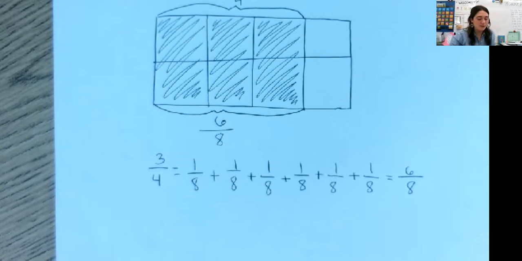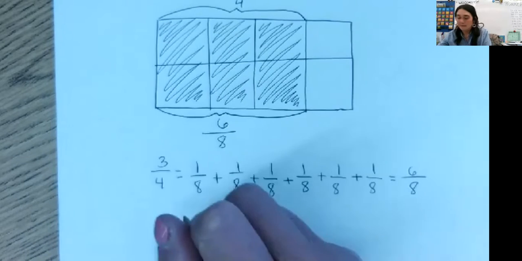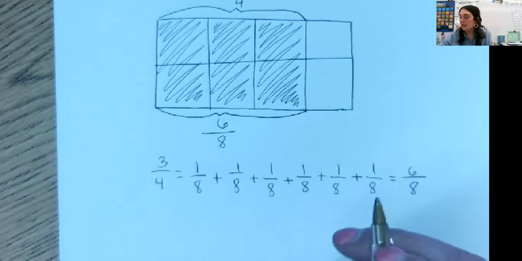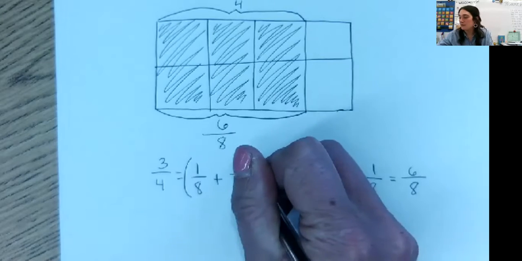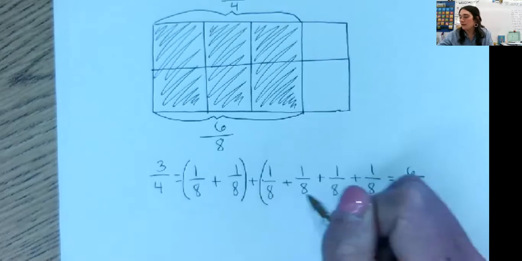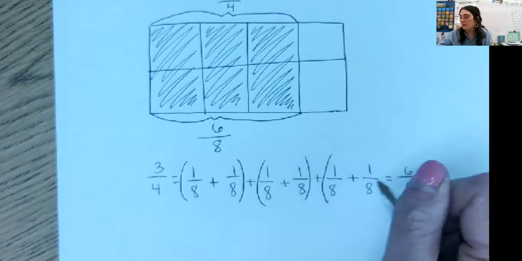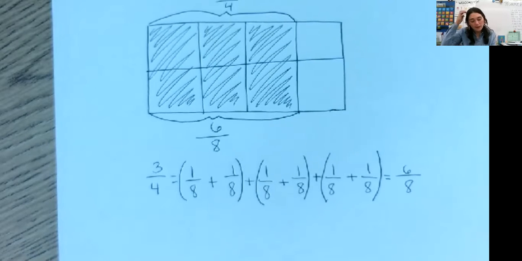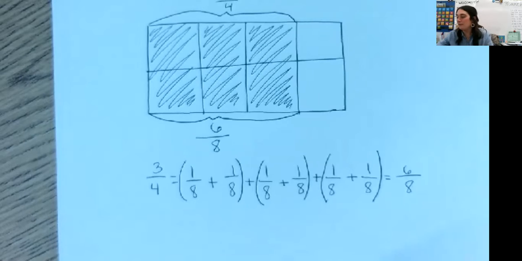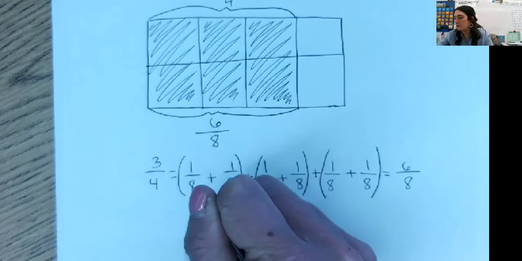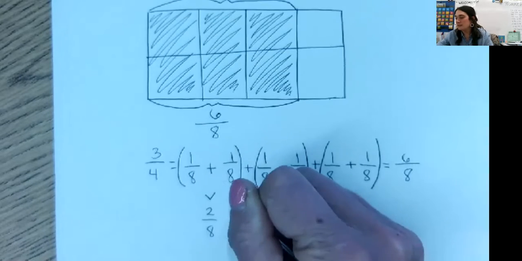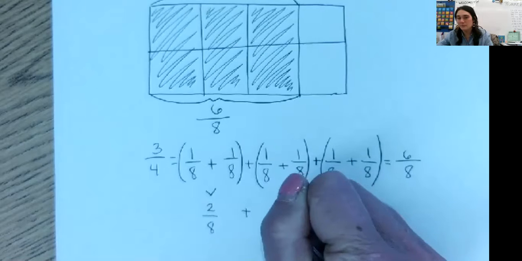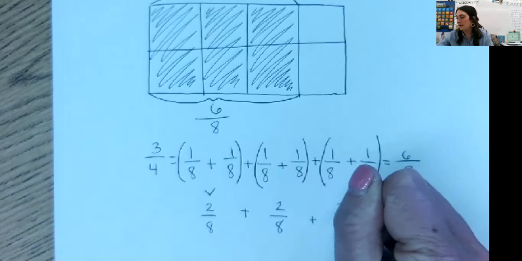We can also say that if I wanted to, I could split this up so it looks like that. When I put those parentheses around each one, really I've made this into 2/8 plus 2/8 plus 2/8.